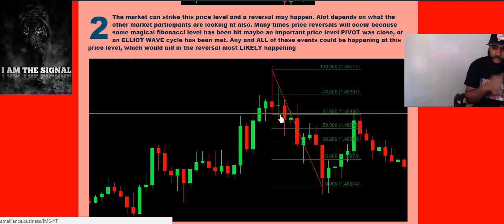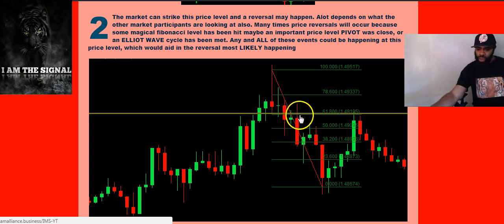So the market could strike the price level and a reversal could happen. Like here, it hit the strike level, it breached it a little bit, but it reversed. And it reversed because right at this level, you see we got a Fibonacci number, 61.8, one of the more important sequences, right? Around the 50% level, the 61.8 level. Look, the market hit right there also.